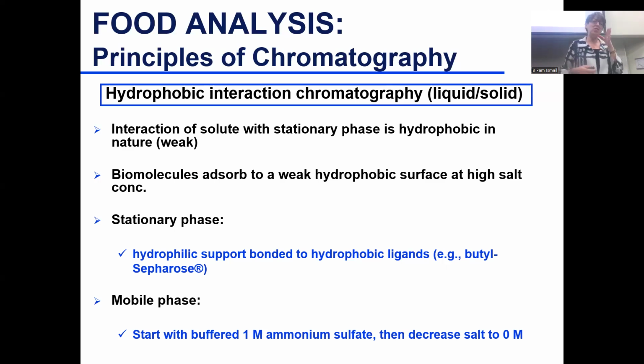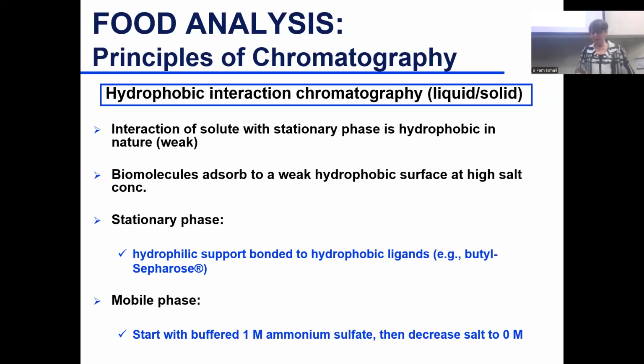When it's very strong hydrophobic interaction, we have something we call fouling of the column, meaning the protein gets stuck on the column and won't come out, and you lose the ability to separate. So that's why we try to have ligands that bind weakly. That means weak hydrophobic interaction, as weak as we can get.